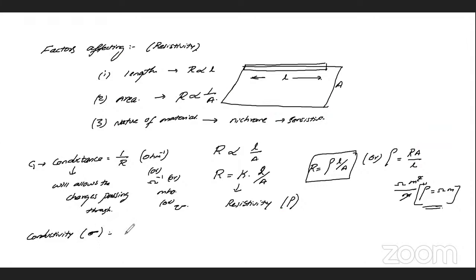So sigma is equal to 1 by rho, that is 1 by resistivity. Remember it. Let's look at its unit. The unit of resistivity is ohm meter, so the unit of conductivity is ohm meter inverse, or mho meter inverse. These are your units.